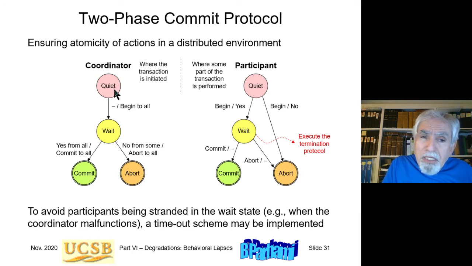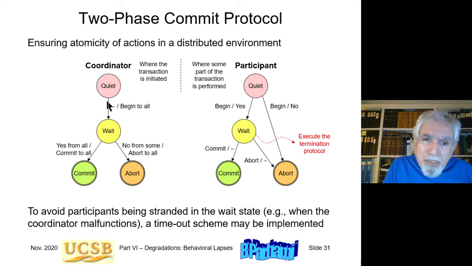Okay, initially the coordinator and the participant are in the quiet state, basically they're not doing anything with regard to this transaction that we are going to initiate. They may be doing other tasks, but they are quiet with regard to this transaction. Then at some point, the coordinator decides to begin executing a transaction. This is sort of like the notation in a sequential machine, where we have input and output.